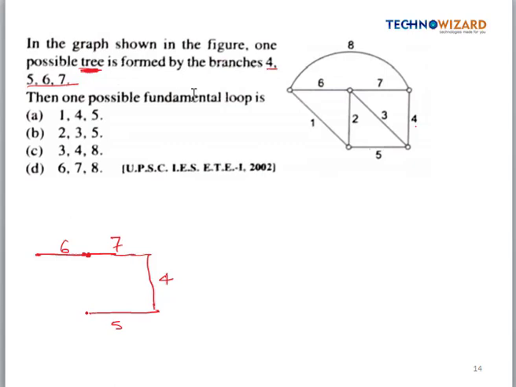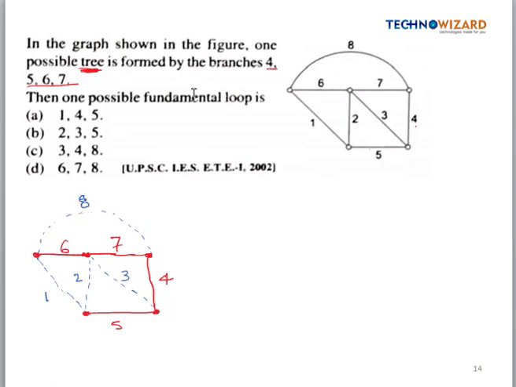Okay, these are the nodes. Now the remaining branches will be represented by dotted lines and they are called links or chords. So this is branch 1, this is branch 2, this is link 3 and this is link or chord 8.